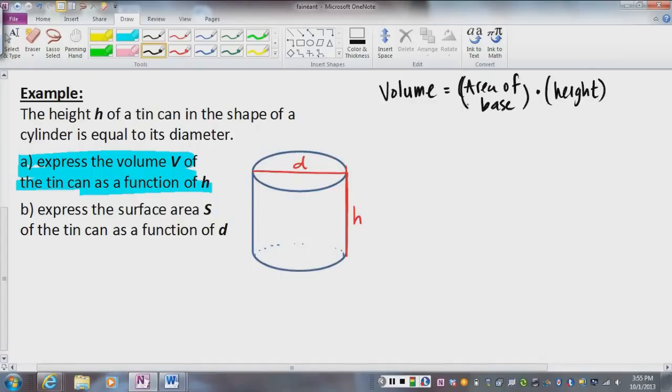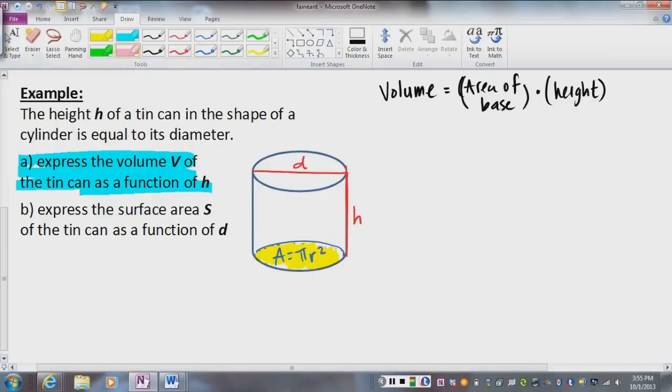Now if I look at the area of this base, I'm really looking at the area of a circle. And area of a circle is going to be pi r squared.